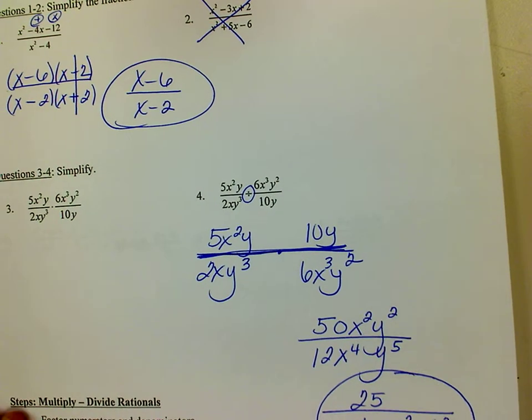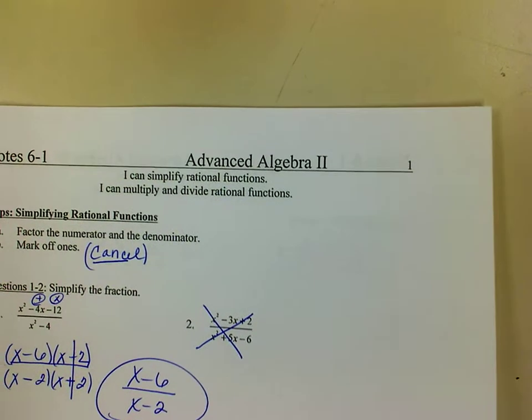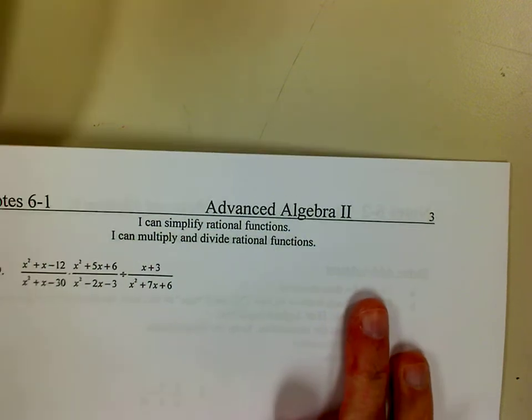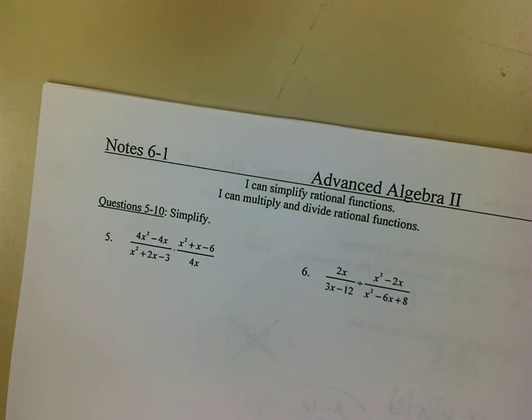Okay, so that is the gist of the first page. Now we're going to get into multiplying and dividing when you have to factor. Let's see which ones we can mark off.